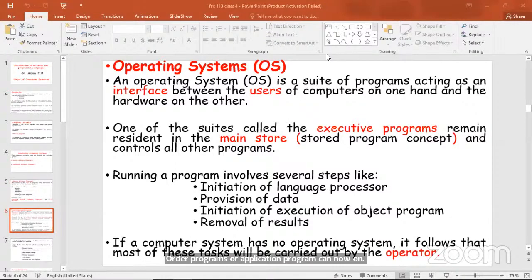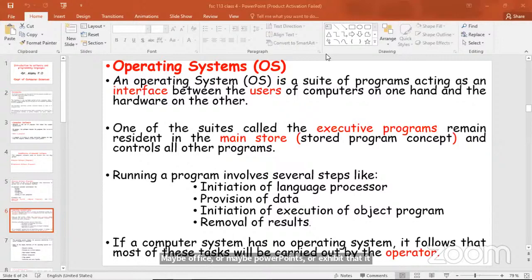So the stored program concept is the ability of the computer system to store programs that can be used for its functional operation. Now, imagine that if you want to use maybe Office or PowerPoint or Excel, it is when you need it that you have to install it.